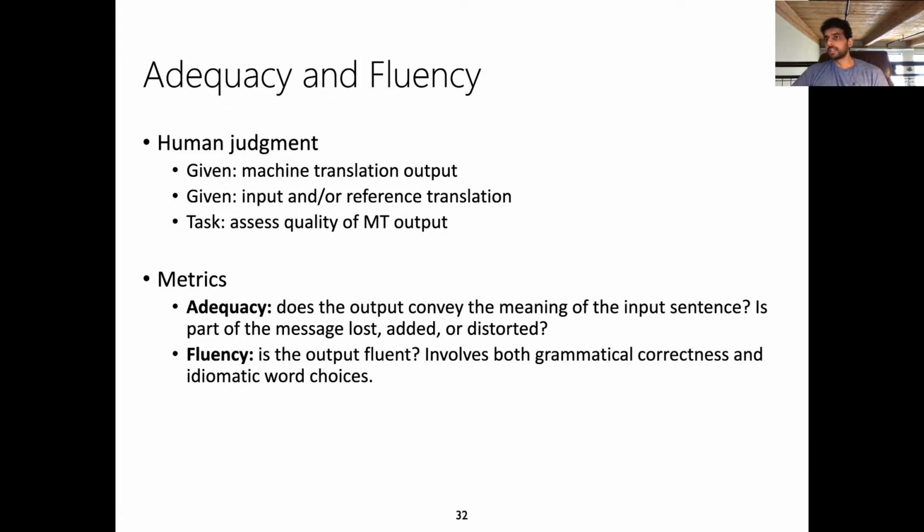So if parts of the sentence's semantics were dropped, or some new information was hallucinated, we want to give it a low score on adequacy. The second dimension is fluency, right? So is the output grammatical? Does it look natural? And that's also, of course, important.